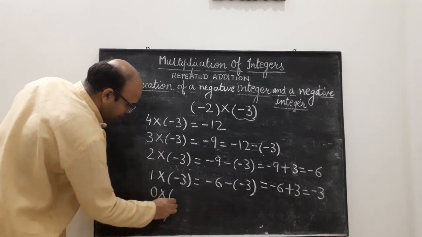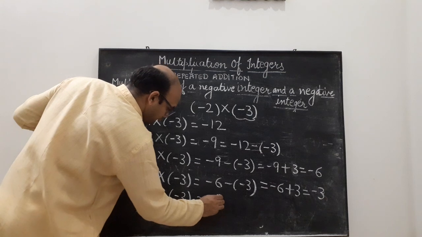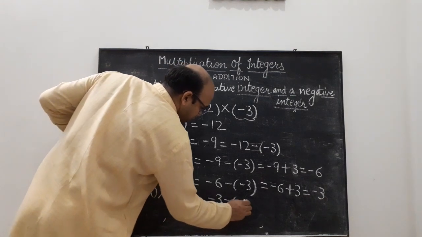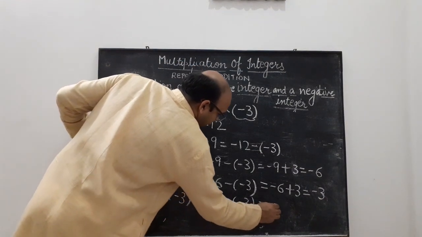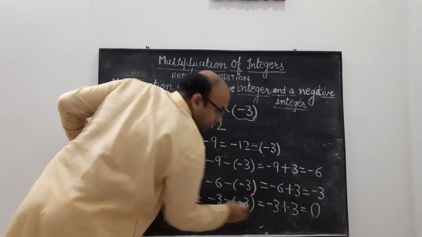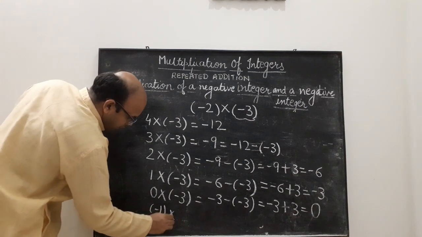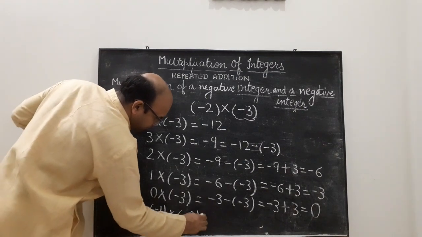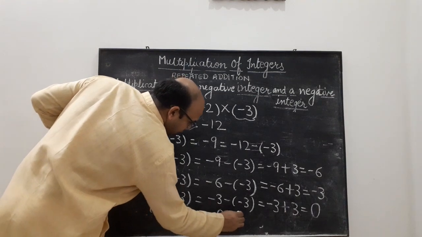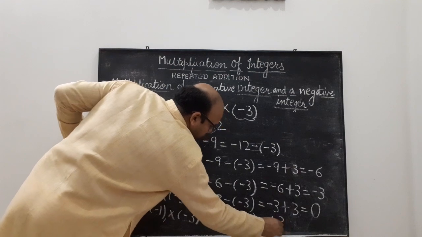0 into minus 3 is minus 3. Minus of minus 3, this is minus 3 plus 3, which is 0. Minus 1 into minus 3 is 0 minus of minus 3, which is equal to plus 3.